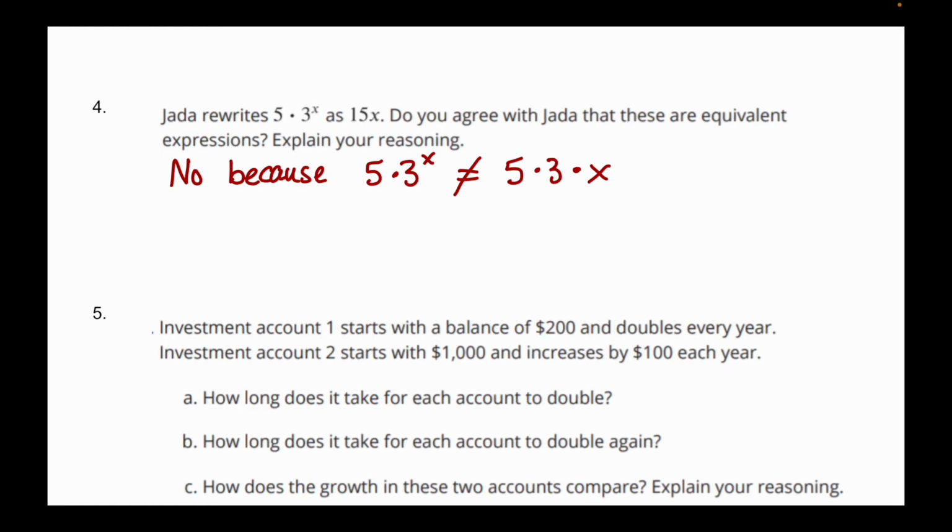And then if we plugged in numbers, we could show that. So let's say example where x is 2, 5 times 3 squared is going to be 5 times 9, which is 45, and 5 times 3 times 2 is 15 times 2, which is 30, and these two are not equal to each other.